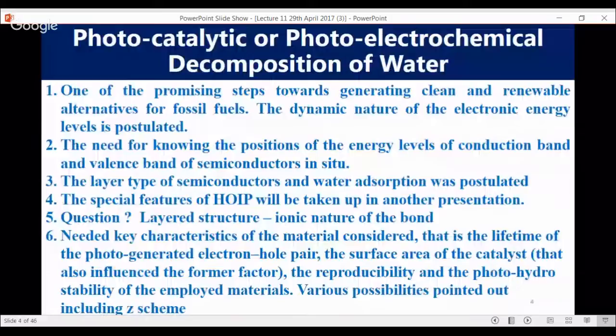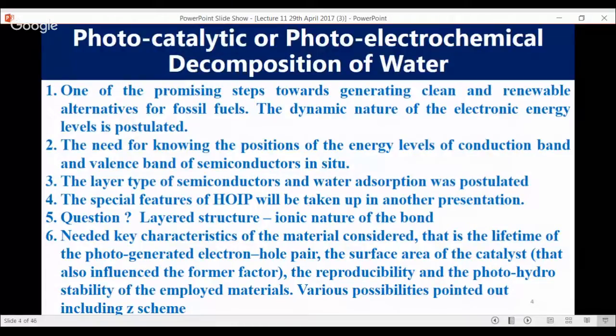So now, today we are going to see how these measurements can be reported, or how these measurements can be made quantitative. I hope you remember the question that was asked. We have to measure the hydrogen and measure the oxygen. If we measure both hydrogen and oxygen, and if it is according to the stoichiometry of the water, then only we can say hydrogen and oxygen are photocatalytically evolved from water.